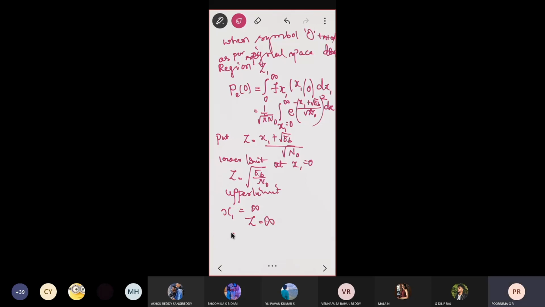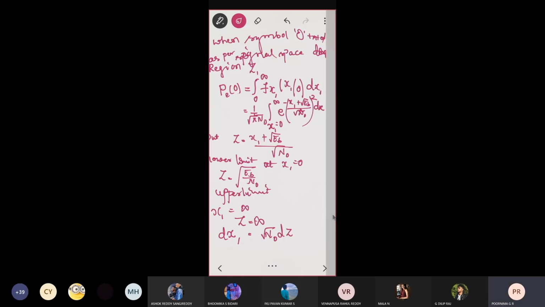Now you have to find dx1. dx1 by dz is equal to root of N0. So dx1 is dz into root of N0.